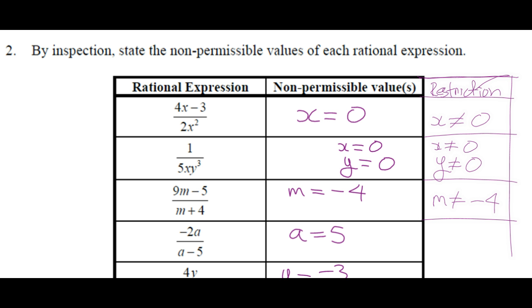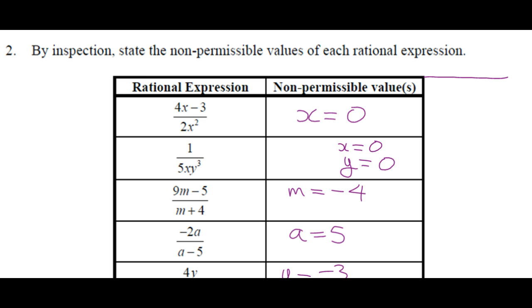So a non-permissible value says this is the value of x that is going to make it 0. If m is -4, that is going to make this 0. The restriction is I can't make m -4. m cannot be equal to -4 because if it is, we divide by 0, and you can't do that.